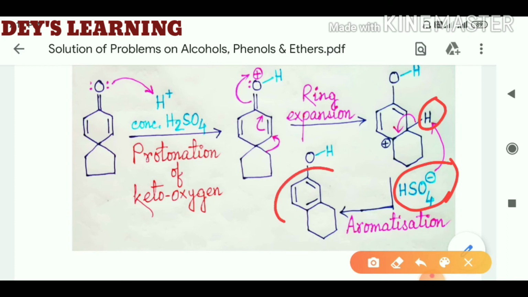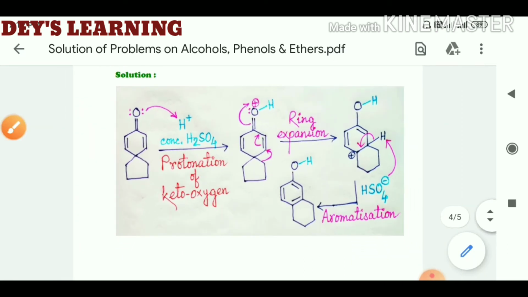This aromatic ring will be formed, and this is the driving force of this reaction. The stability of the aromatic system is the driving force of this reaction, and this aromatic system will be formed, and this molecule will be our major product.